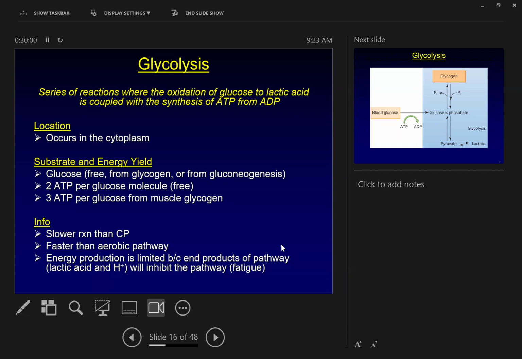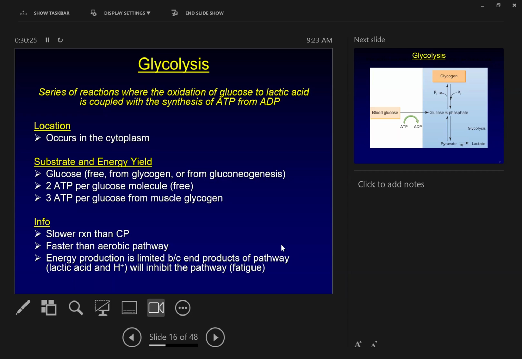Okay? 2. All right. As we said, it's a slower reaction, slower than the phosphagen system but faster than the aerobic pathways, partly because if we're going to metabolize carbohydrates, this is the thing that feeds the carbohydrates in to aerobic metabolism. So you got to do this first, then you can do the aerobic pathways.